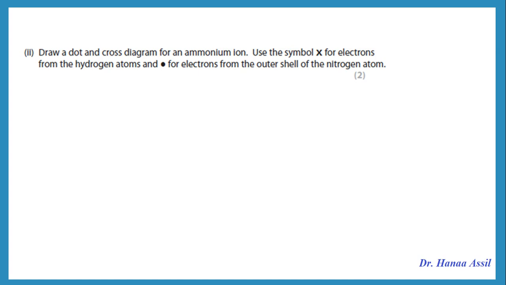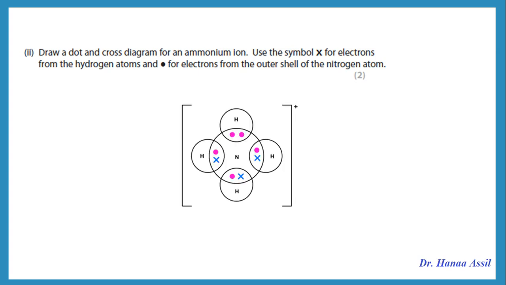Draw a dot and cross diagram for an ammonium ion. Again, how did we draw the ammonium ion? Well, this is the ammonium ion, in which, remember, we have nitrogen with 4 hydrogens, but 3 of them are normal covalent bonds, so we have 1 cross and 1 dot.